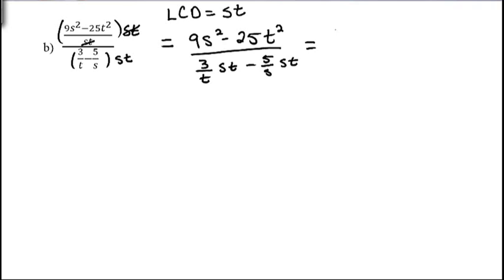So this is the difference of two perfect squares, which factors as 3s plus 5t times 3s minus 5t.